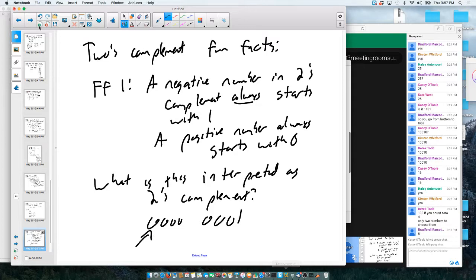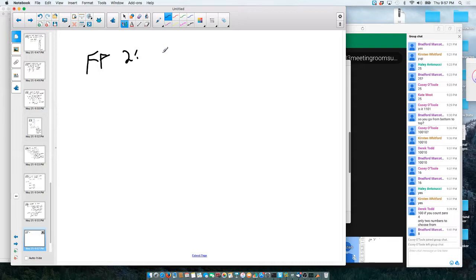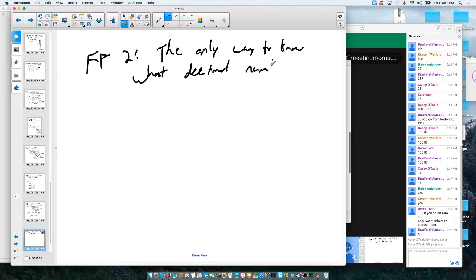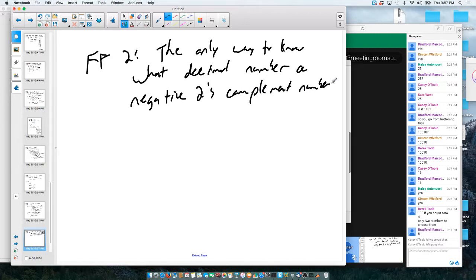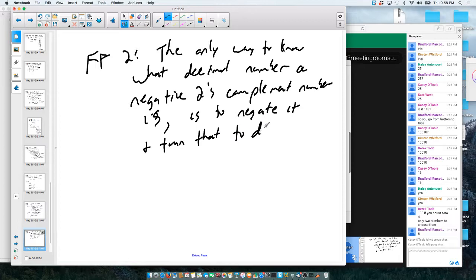I guess this is a fun fact too. The only way to know what decimal number a negative 2's complement number is, is to negate it to make it positive and turn that to decimal.